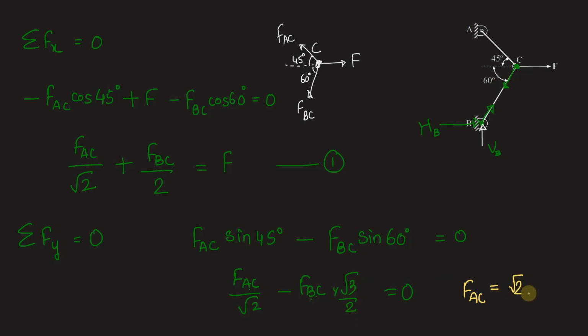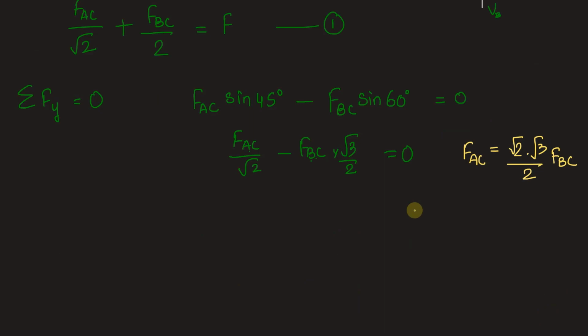So we have root 2 into root 3 by 2 times FBC. This turns out to be FAC is equal to under root 6 by 2, which is nothing but all over root of 6 by 4, that is all over root of 3 by 2 times FBC.